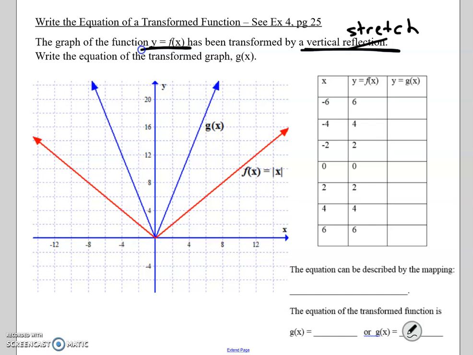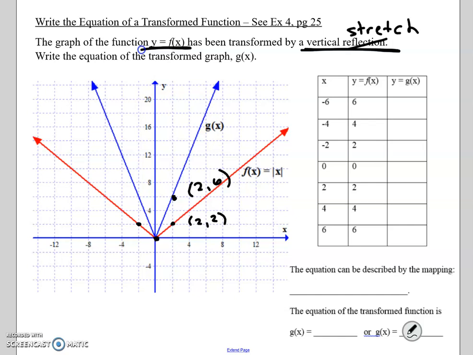It's a vertical stretch. So we want to take a look at a point right here. We know that the original absolute value function would go through, looks like here, 2 and 2. That's because when you take the absolute value of something, you get the same number, it's just positive. But now, if I follow that point, 2 and 2 has now been moved to 2 and 6.